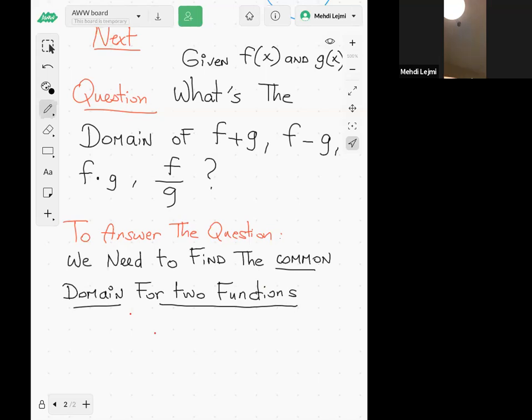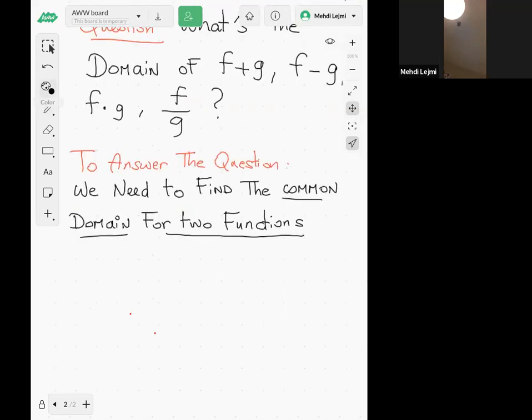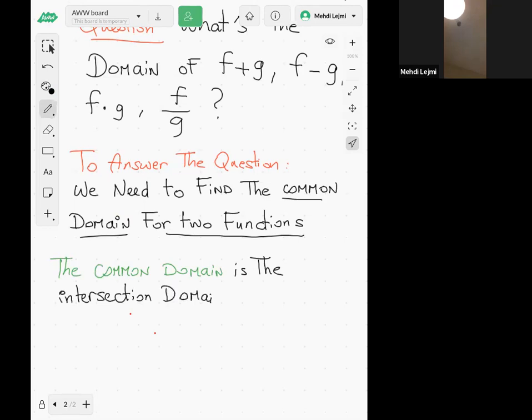So the common domain, that's the intersection. It's just the intersection domain of the 2 functions.